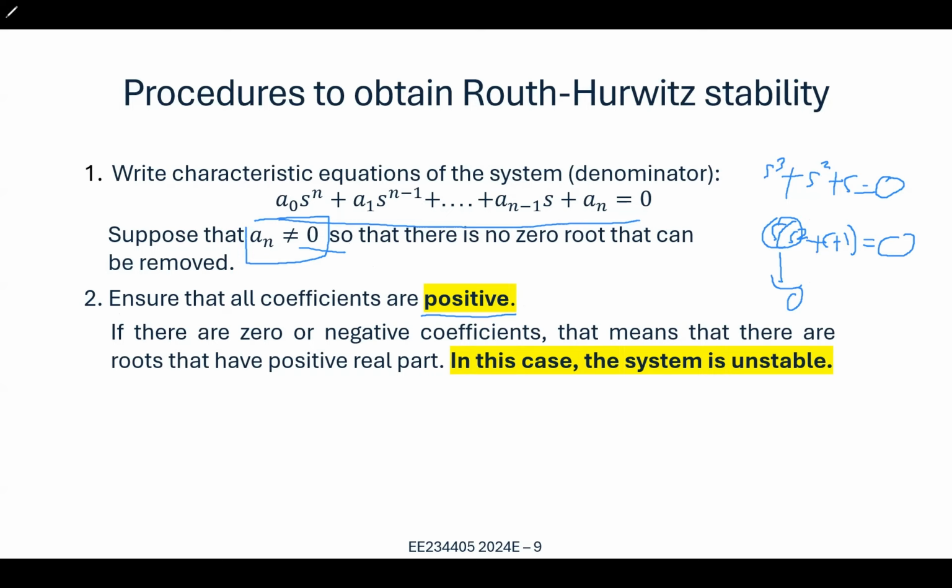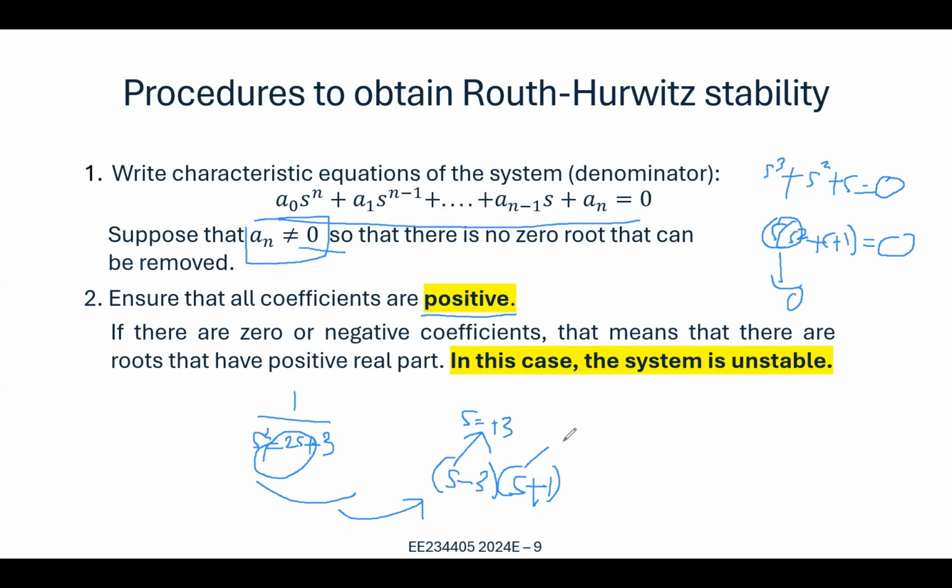For example, if we get s squared minus 2s plus 3, there is a negative coefficient here, and we can actually factorize this into s minus 3 times s plus 1, which means that we get one positive pole: here s equals plus 3, whereas here s equals negative 1.